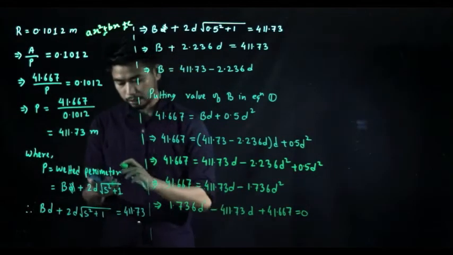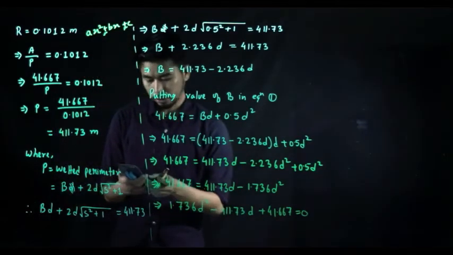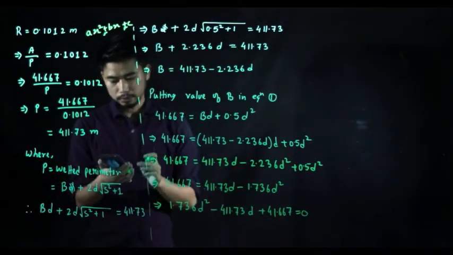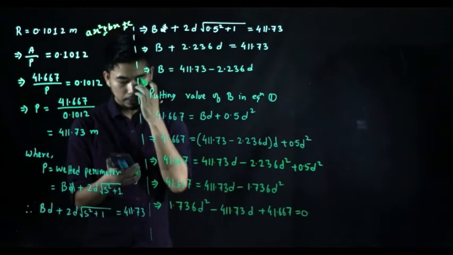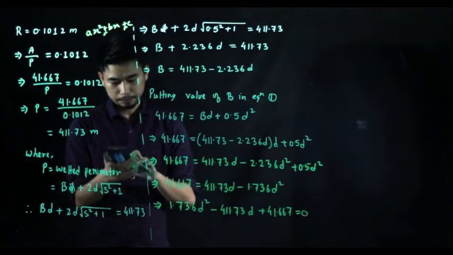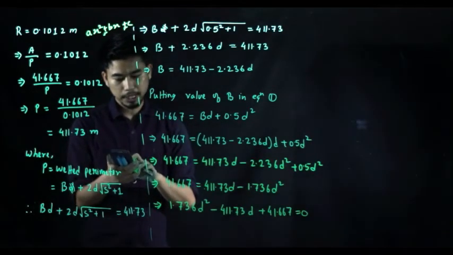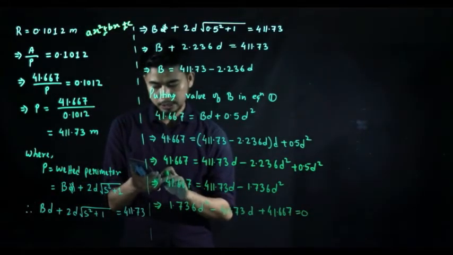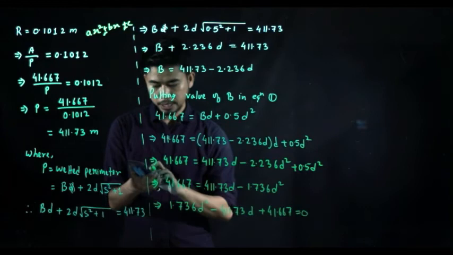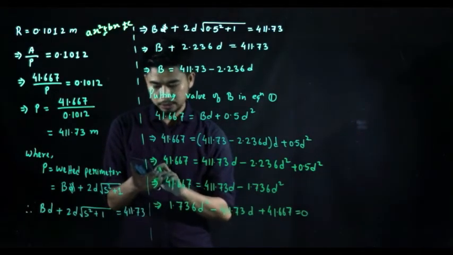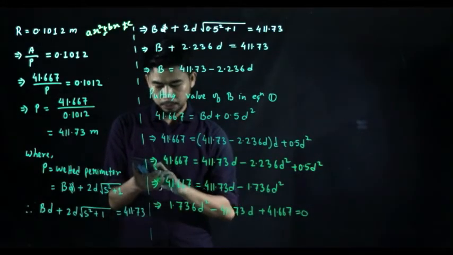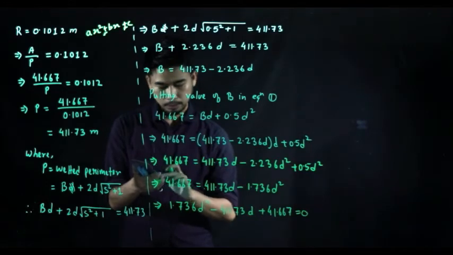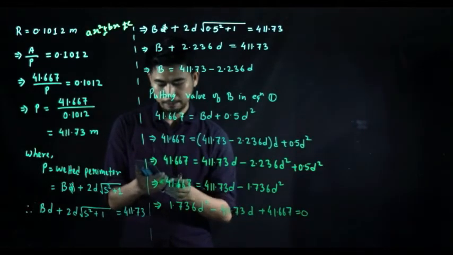So let's solve this in our calculator. I hope you already know how to solve the equation. Go inside your equation solver, then choose the ax square plus bx plus c format and put the value of A, which is 1.736. The B value is negative 411.73 and the C value is 41.667.